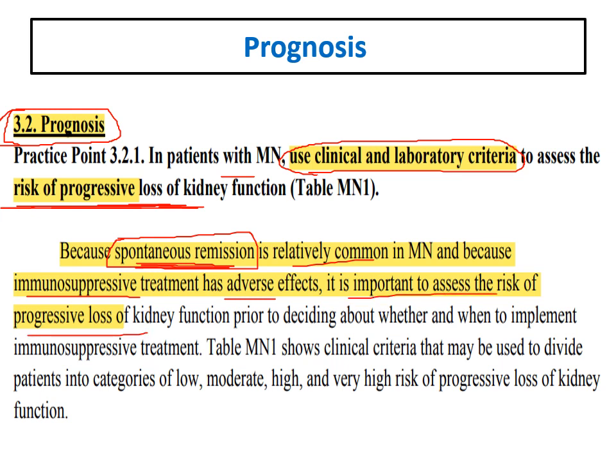In mild cases, usually we wait to assess whether spontaneous remission might happen or not. While in higher risk categories, we can implement immunosuppressive drugs, taking the risk of adverse effects. We will show it now.